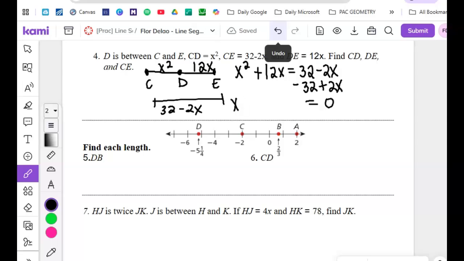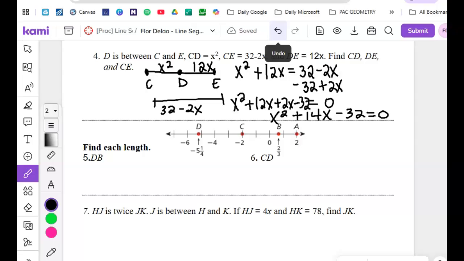And then I have x squared plus 12x plus 2x minus 32. So if we simplify, that would be x squared plus 14x minus 32. All I did was combine the 12 and the 2. Everybody good? Everybody see what I did with the 32 and the 2x?